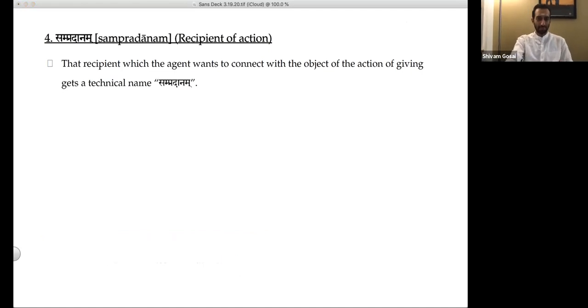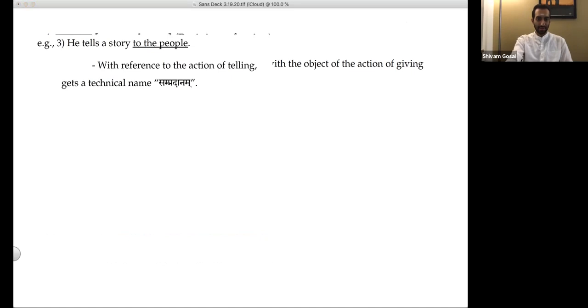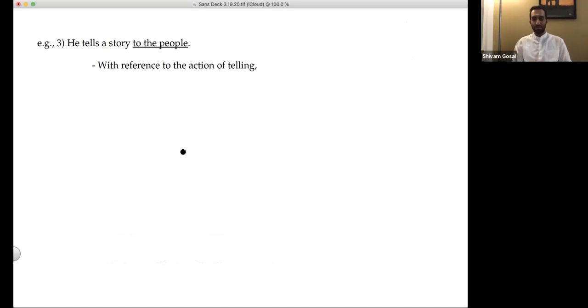Okay. Next one. He tells a story to the people. So tell me number 1, 2, and 3. Who is the karta, who is the karma, and who is the sampradhanam with reference to the action of telling? Okay, exactly, we're getting this correct.